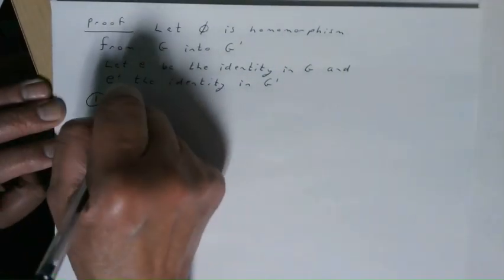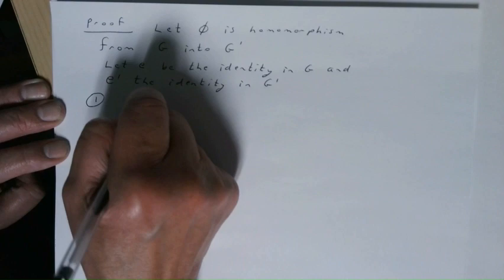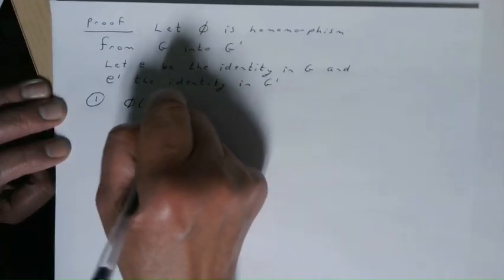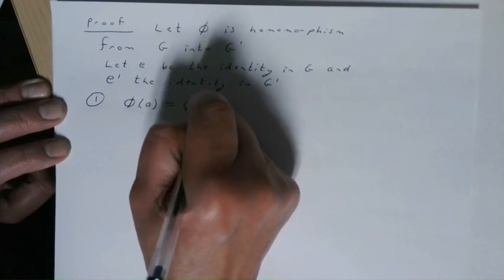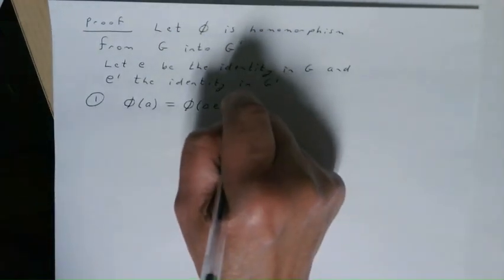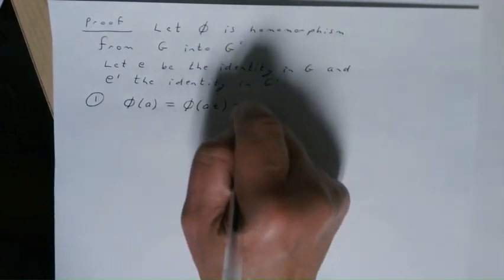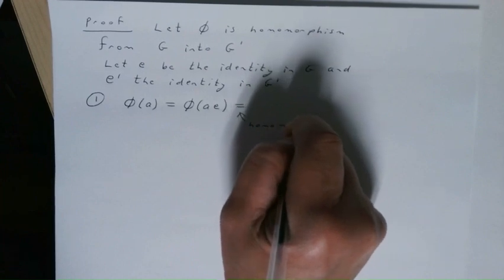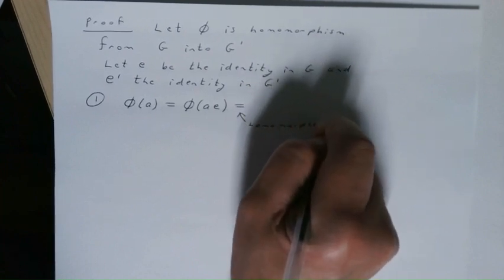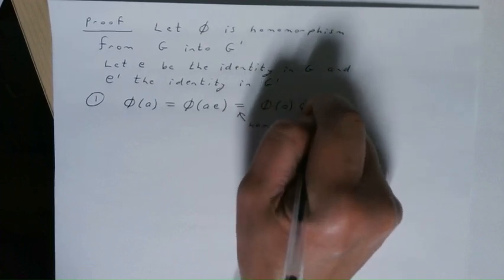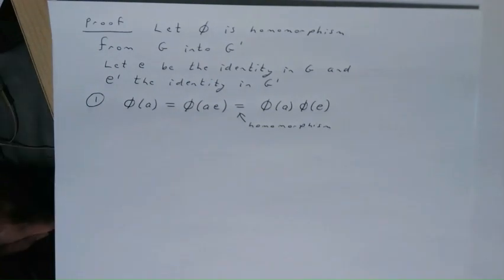So let's start with phi of A. Now we can actually call this phi of AE just based on the definition of the identity. And because this is a homomorphism, it would be phi of A, phi of E, like this.